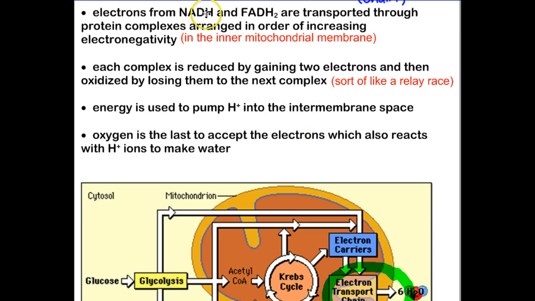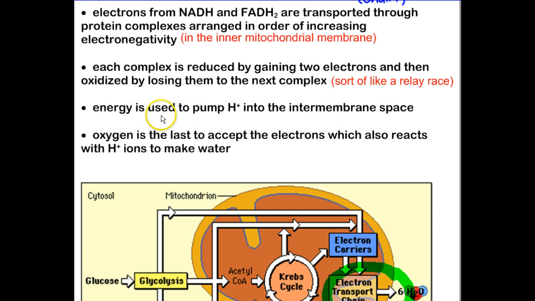So what happens is they donate their electron in the form of hydrogen to the complex, and then they take it back. It's kind of like a relay race in a way where you are handing off a baton to someone else, and then they hand it off to the next person. So that's kind of the way the electron transport system works. We're actually cycling or filing electrons down a chain of complexes.